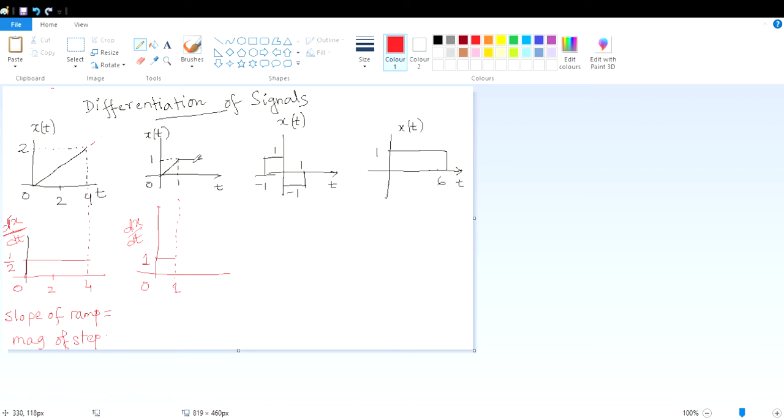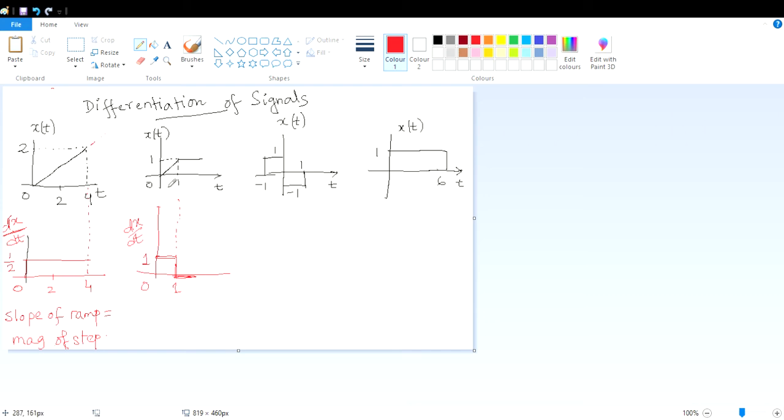That's why it was becoming 0. As the slope is 0, as per the formula, the magnitude of the step will be 0. So it will come to the 0 value only. So your differentiation of this signal will be like this.